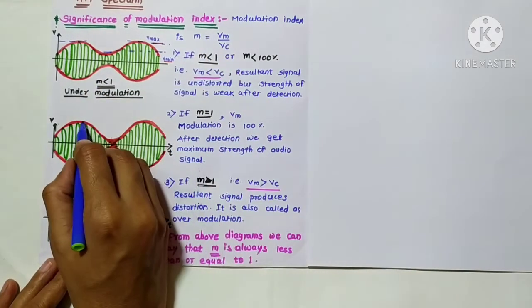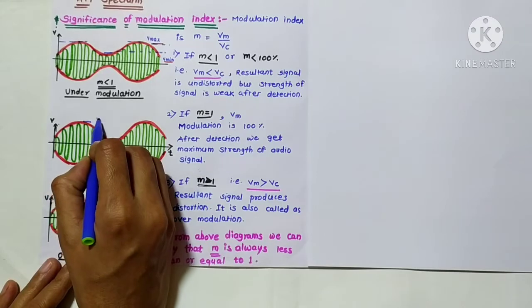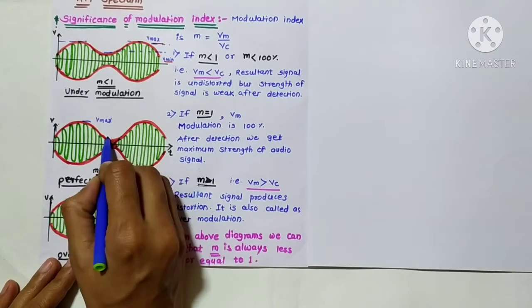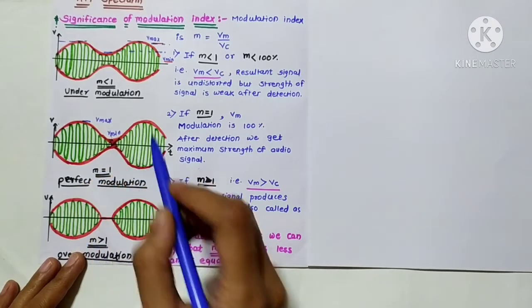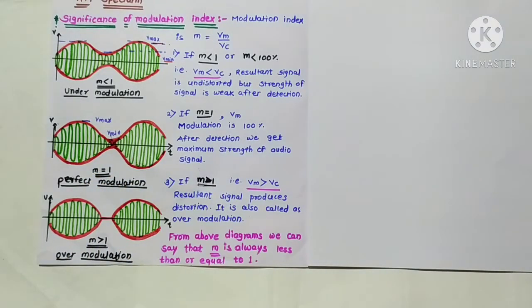This is V max, and this is V minimum. In the third part, the minimum part of the waveform is clipped off. Therefore, when m is greater than 1, this is called over modulation, an undesirable condition. Okay students?